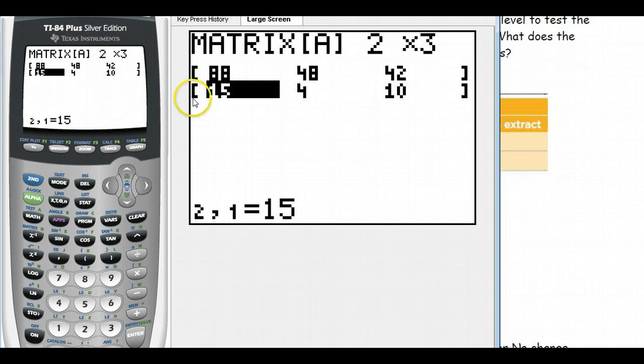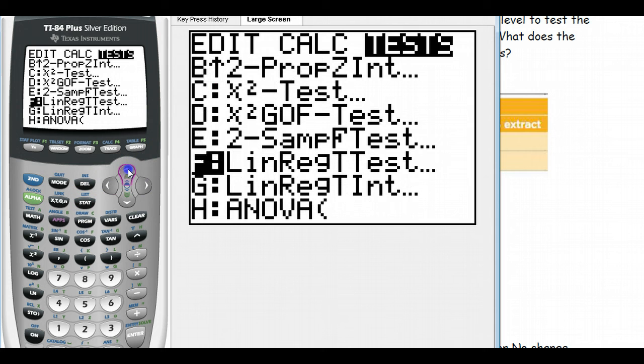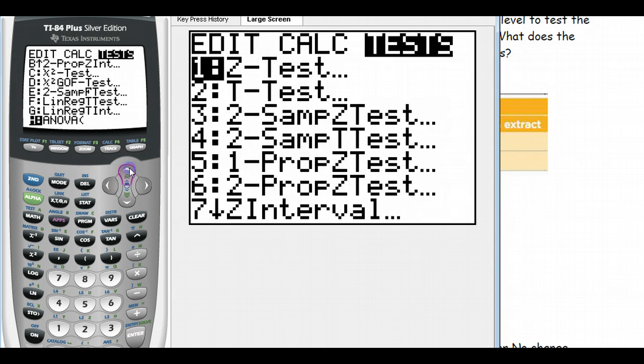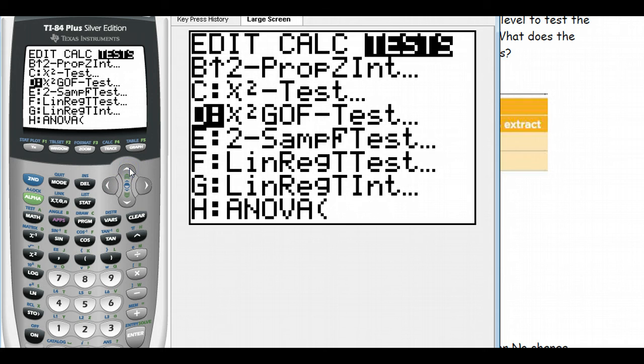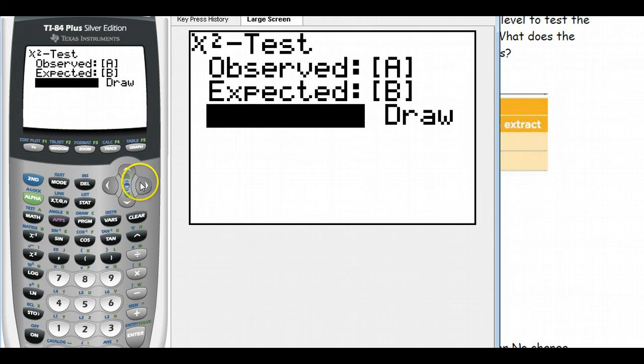And we have this already in here, the 2 by 3. And now let's go back to stat test and up to chi-squared test. And we had already, whoa, that's not what I wanted. Stat test, chi-squared test. So my observed, we punched in. Notice that expected will always stay B. Go down to calculate, or we can go to draw.